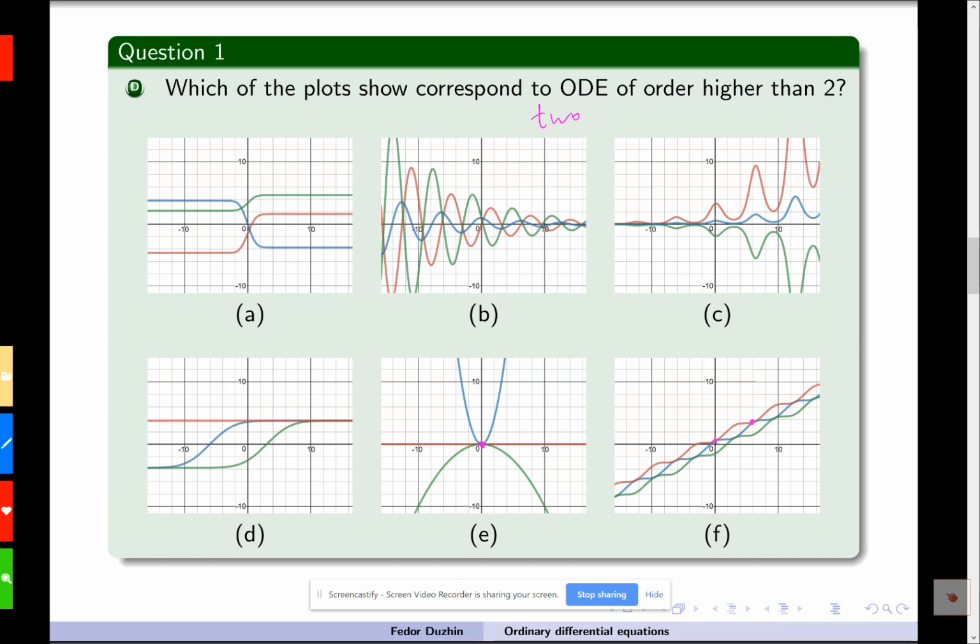So in plots E and F, the order has to be at least 3. So E and F are definitely there. And since we are given in the question that two of these differential equations are of order higher than 2, it means that it's E and F.